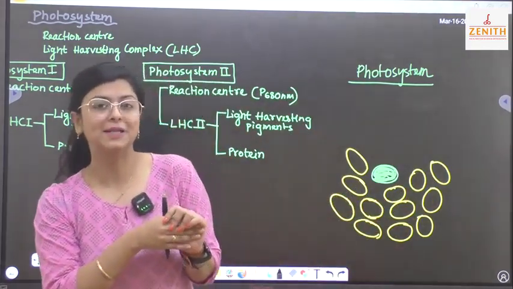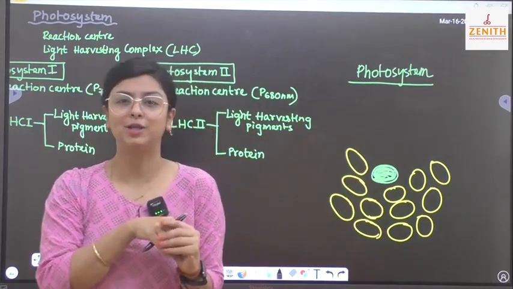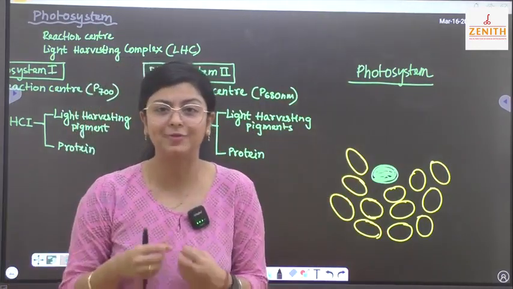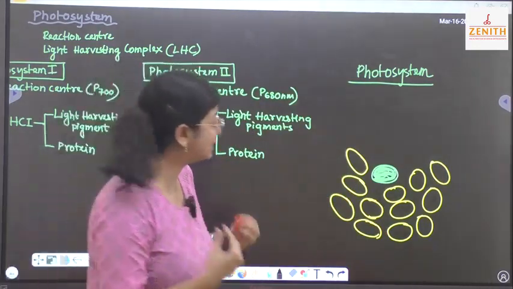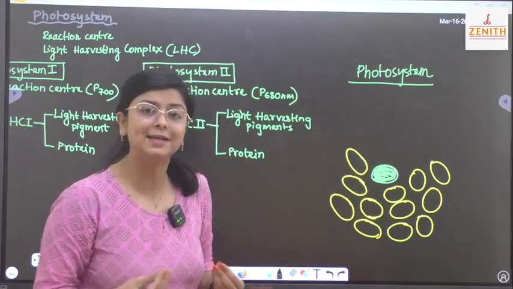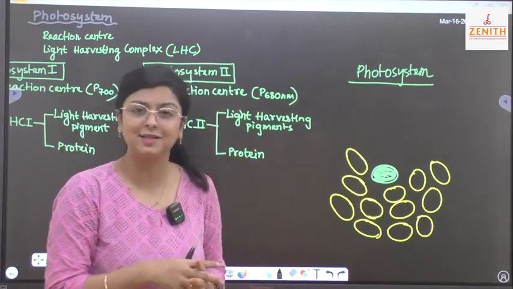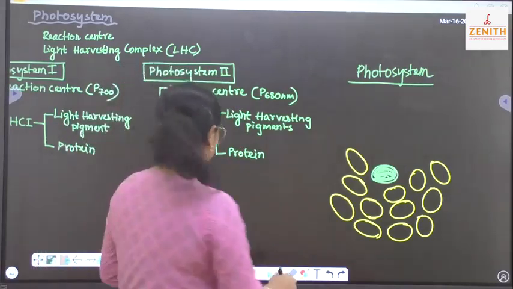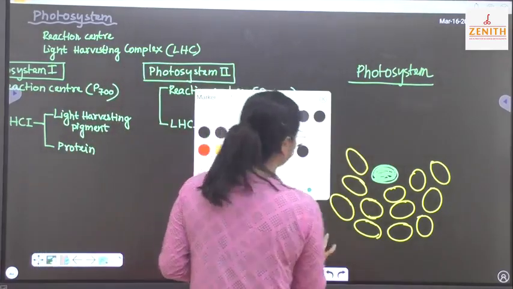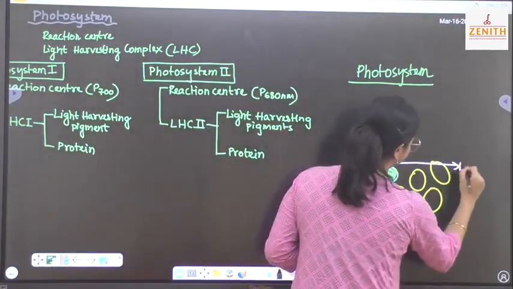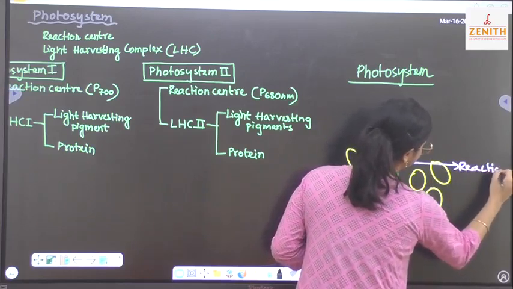The light harvesting complex is also known as the antenna molecules because they absorb different wavelengths of light and send this energy to the reaction center, which is chlorophyll A. So you see, this is the reaction center.